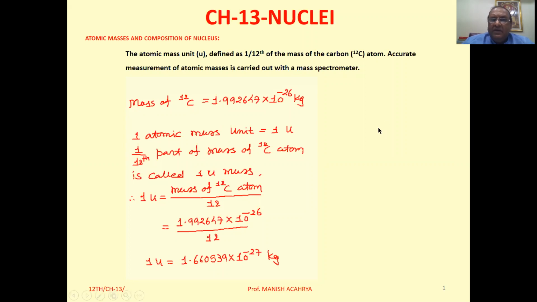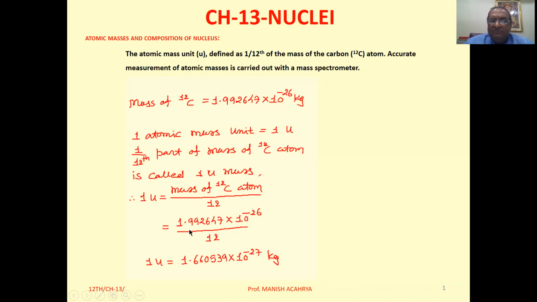Now see, we know the mass of a carbon atom is 1.99267 into 10 raised to minus 26 kilogram. Take 1/12 part of it, which implies divide this mass by 12. So we will get 1 u mass, that is the mass of a carbon-12 atom divided by 12.